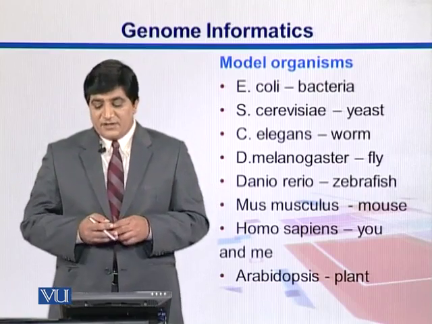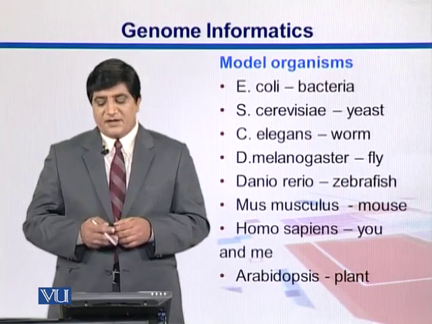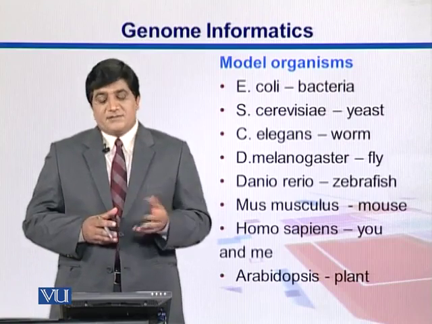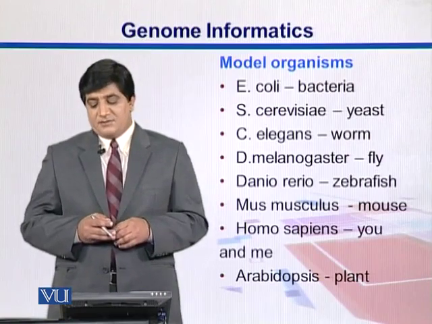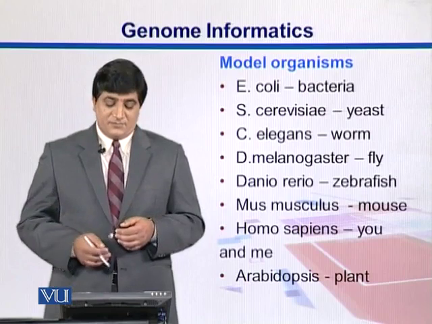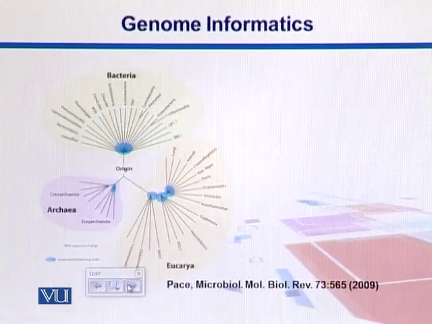There is a range of model organisms that have been selected so far. E. coli is a bacterium. Then we have yeast. C. elegans is another example. We have a fly here. In this set we have zebrafish, mouse, Homo sapiens, of course you and me, and from the plants, Arabidopsis is considered a good model.